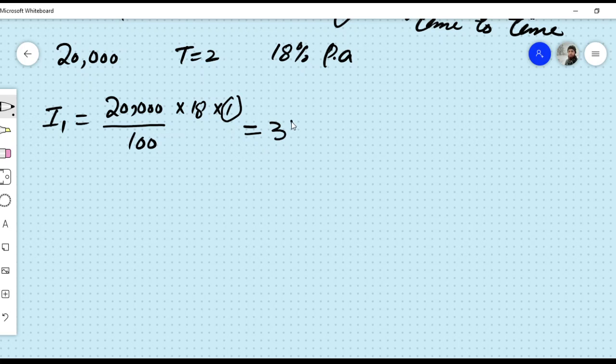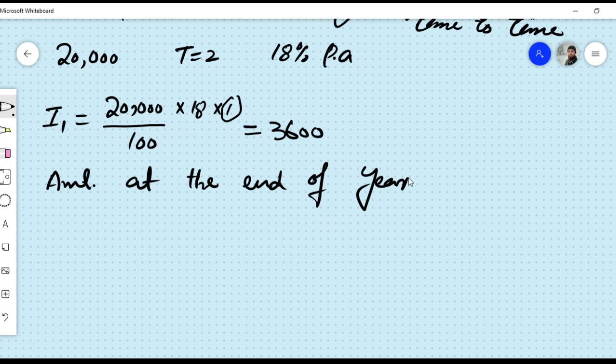Therefore, the amount at the end of year 1 will be the principal amount plus interest after a year. So it will be 20,000 plus 3600.